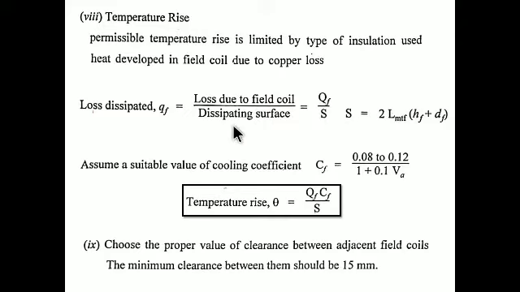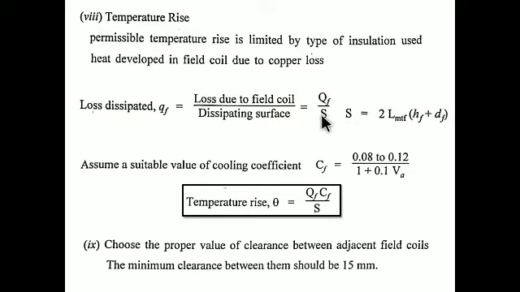Then it is divided by the dissipating surface, which is S. That S is calculated by this equation: 2 into LMFT, the mean turn length, in product with HF plus DF, the height and depth of the field. By solving this equation, you can find S. By dividing by this value, you can find the small q, the loss dissipation. Then for this content, we can also find the temperature rise by using this formula.